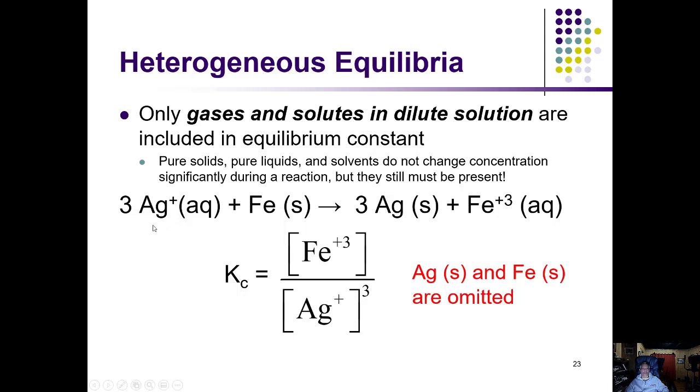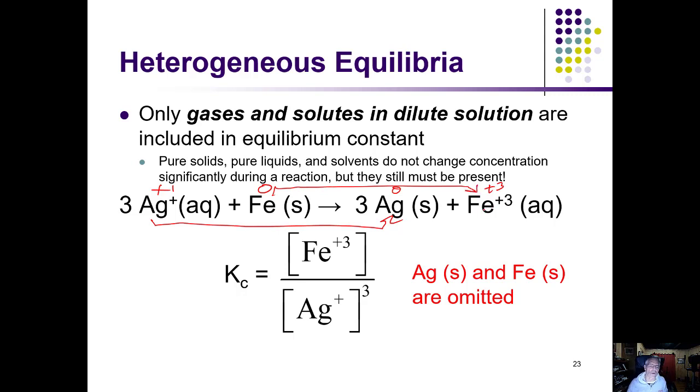So here is 3 silver ions. This is a redox reaction, just to remind you. We've got a 0 oxidation state here, a +1 oxidation state here, 0 here, a +3 oxidation state here. So silver is being reduced to silver metal, and iron is being oxidized to iron 3+.